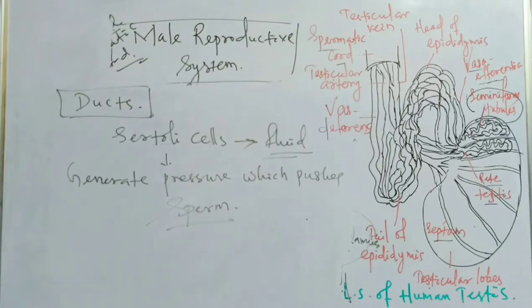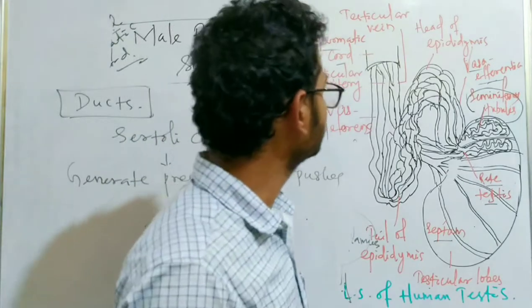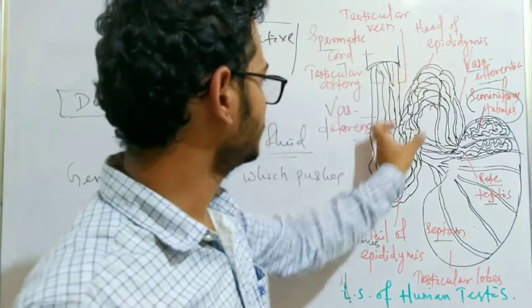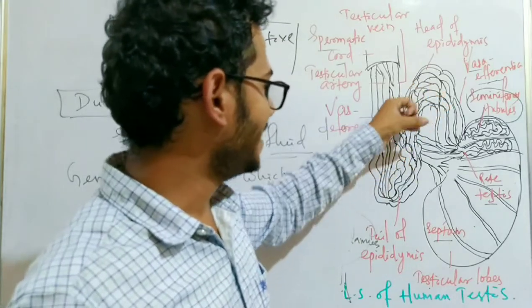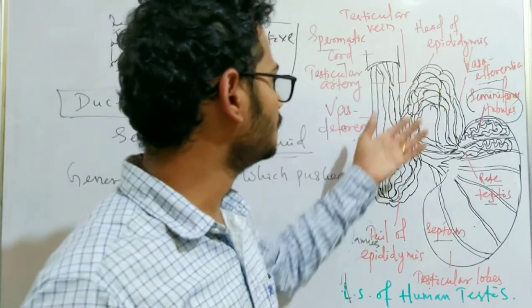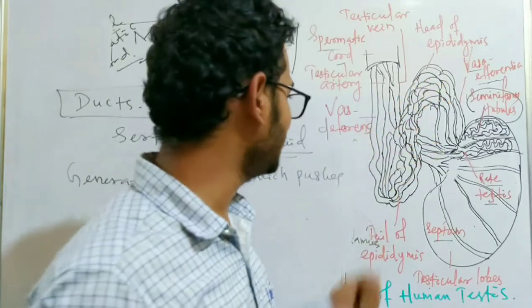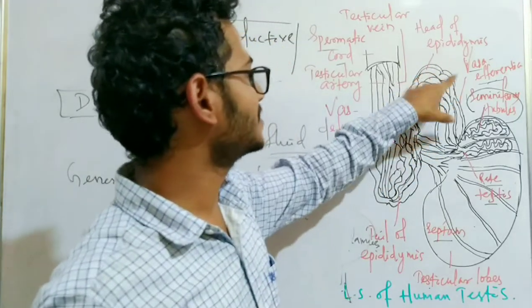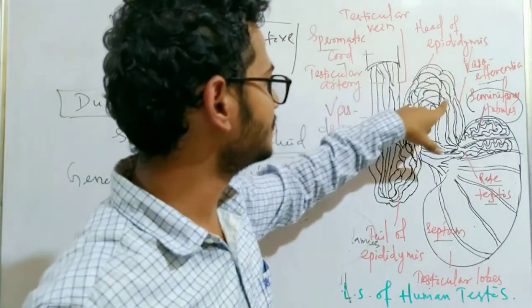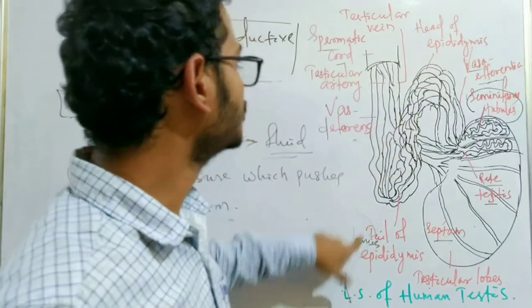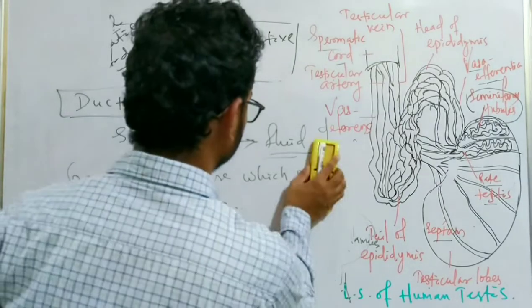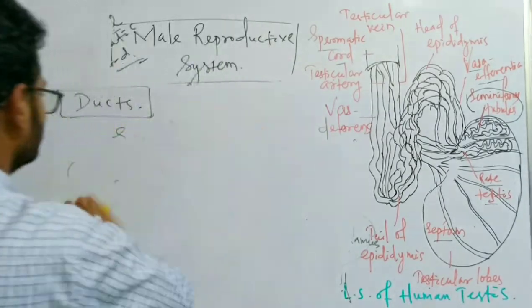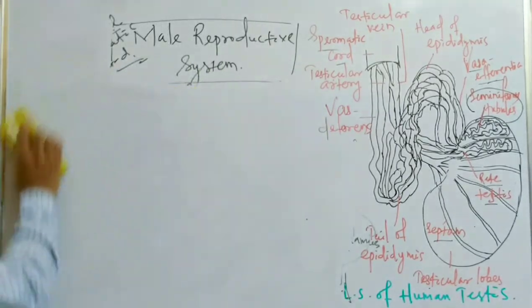Okay, so first we will discuss the epididymis. It is the main part where many small tubules form a network-like structure. So the epididymis, the head is here near the vasa efferentia, and this is the tail. The epididymis is very important, and most of the part is occupied by the epididymis, and it has a very important role also.